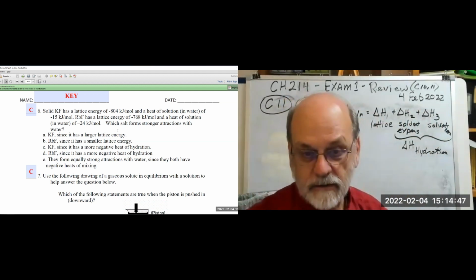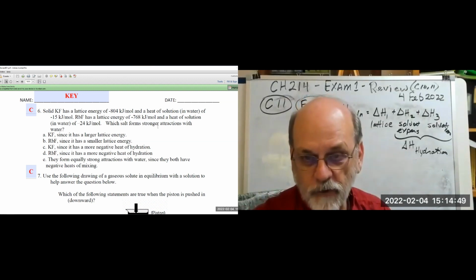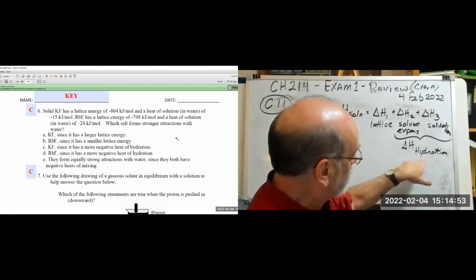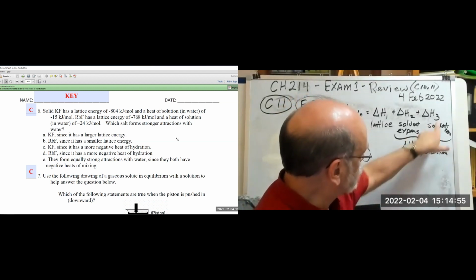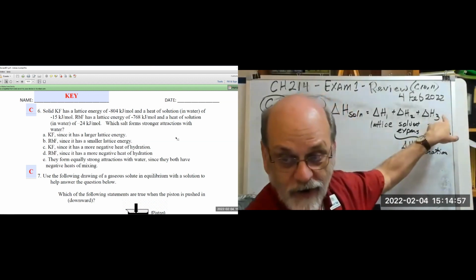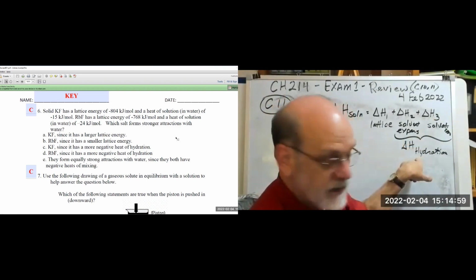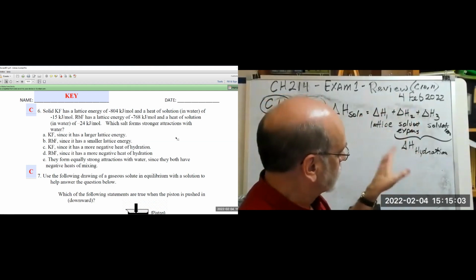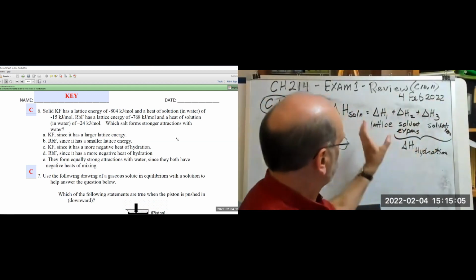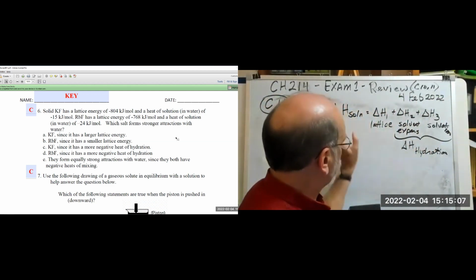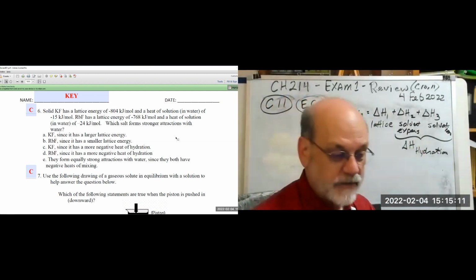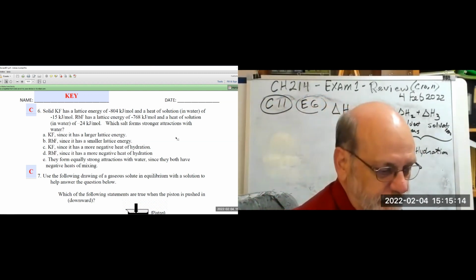The question is, which salt forms stronger attractions with water? Well, this heat is due to that one. So the stronger attractions can also be translated into that one because this one is constant. So that simplifies the situation. If we know this one and that one, then we can calculate that one. So that's what we're going to do next.